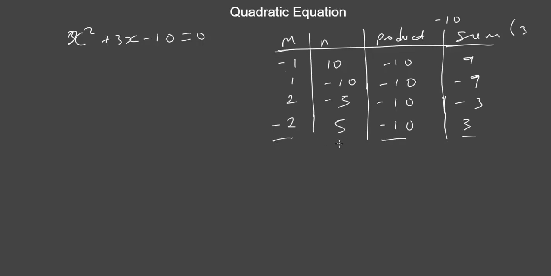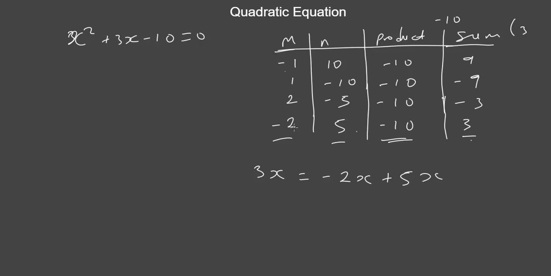So the two numbers that when you multiply them, you will get minus 10, and when you add them, you get plus 3, are minus 2 and plus 5. So what you do here is this. You take this 3x, you write it in terms of these two. So you write it as minus 2x plus 5x.